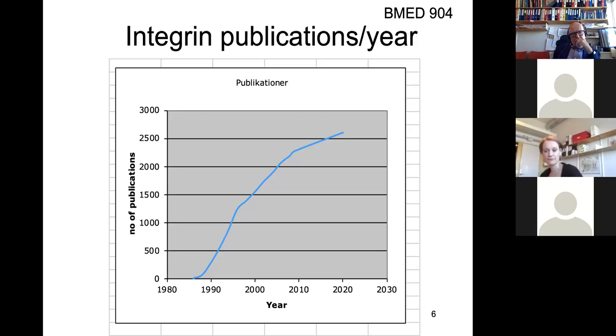Since then, the number of integrin articles has increased, and now on average, I think between 50 and 100 articles per week are published on integrins, and in total a large number of articles has been published. So I think a zero is lacking in this updated picture. I need to fix this.